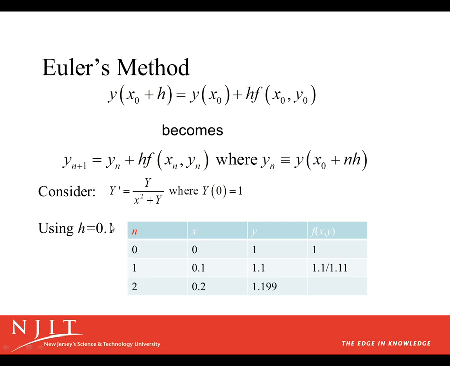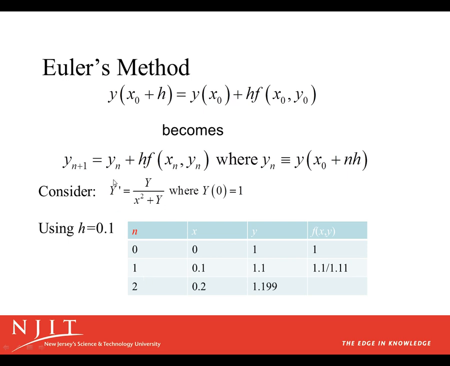So then at x equal 0.1, we would get y at 0.1 is equal to y at the initial location, which was 1, plus h, which is 0.1, times f of 0, 1. f of 0, 1 we said was 1. So you get 1 plus 0.1 is 1.1. And then we could plug in 0.1, 1.1, and get a new slope.